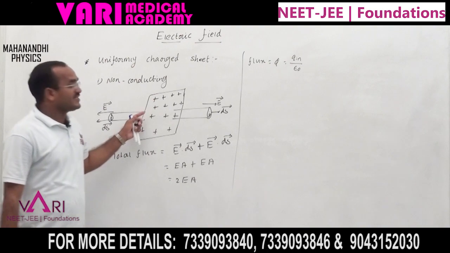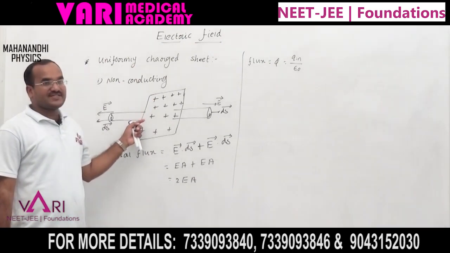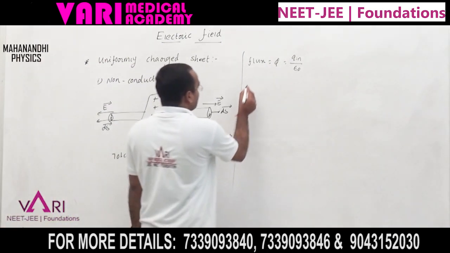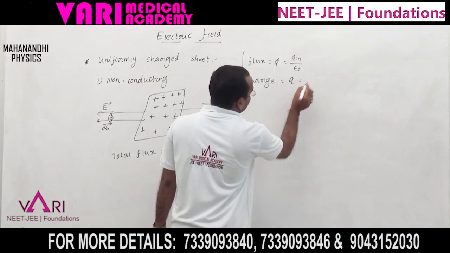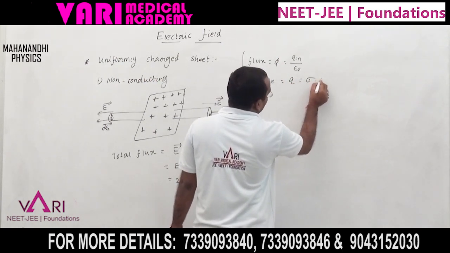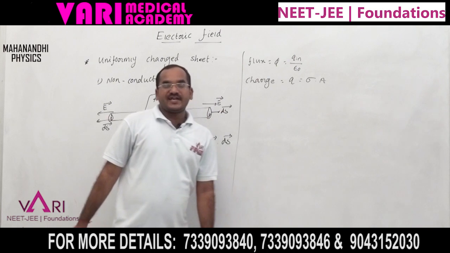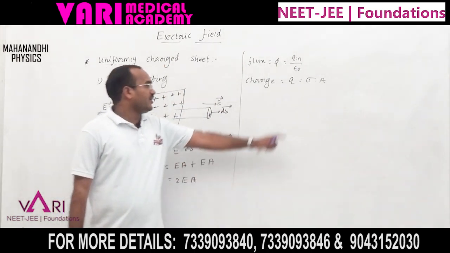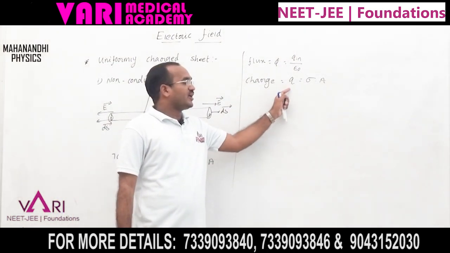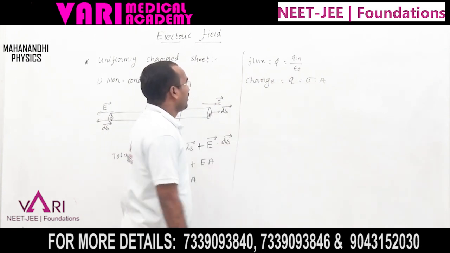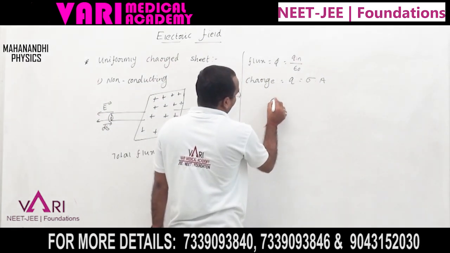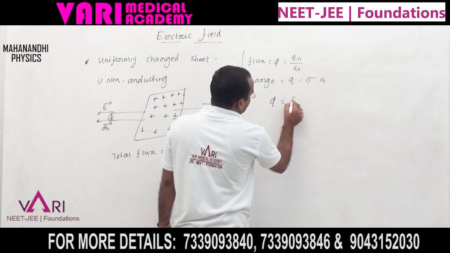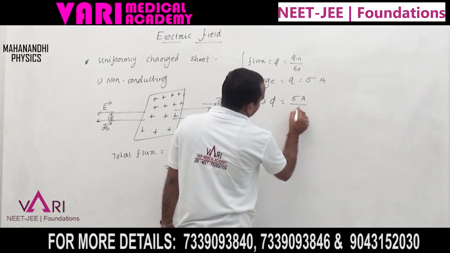Here the sheet is a two-dimensional surface, so charge Q equals sigma into area. The surface charge density sigma equals Q by A, so Q equals sigma A. Now substituting, flux is equal to sigma A by epsilon naught.